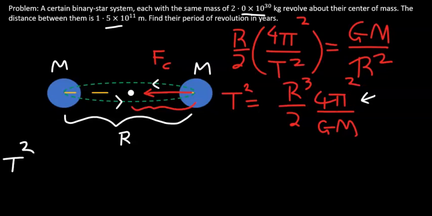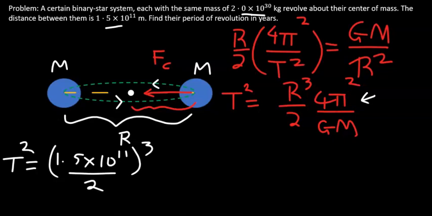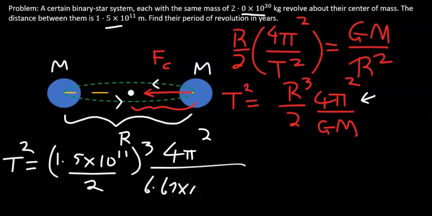Now let's substitute the numbers for the mass and also the distance to find the period of revolution. You get T squared equals r, which is 1.5 times 10 to the power 11, don't forget the cube, over 2, 4 pi squared, over G, which is 6.67 times 10 to the power minus 11, and the mass is 2 times 10 to the power 30 kg.